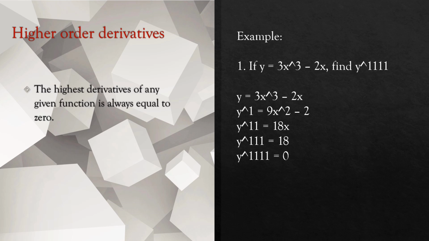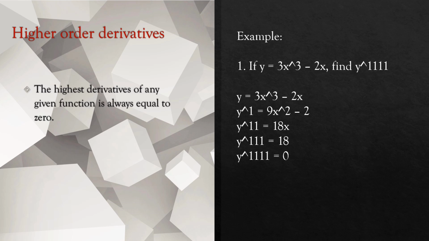Then the second derivative will be 9 times 2 is 18. Then 2 minus 1 is 1. So the second derivative will be 18x, since the derivative of a constant is always equal to 0.